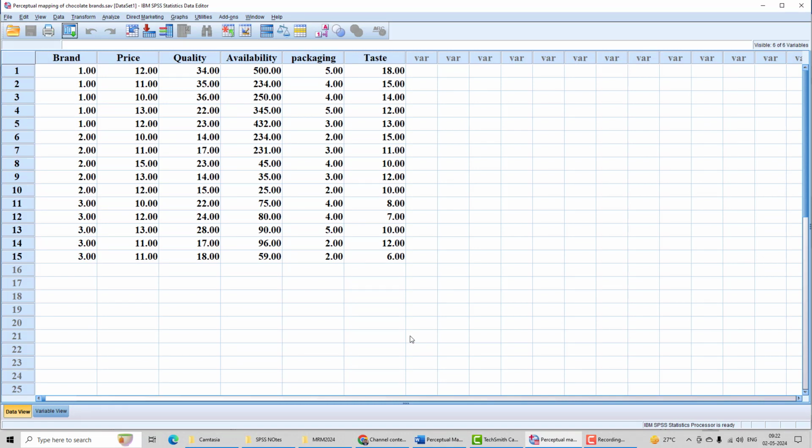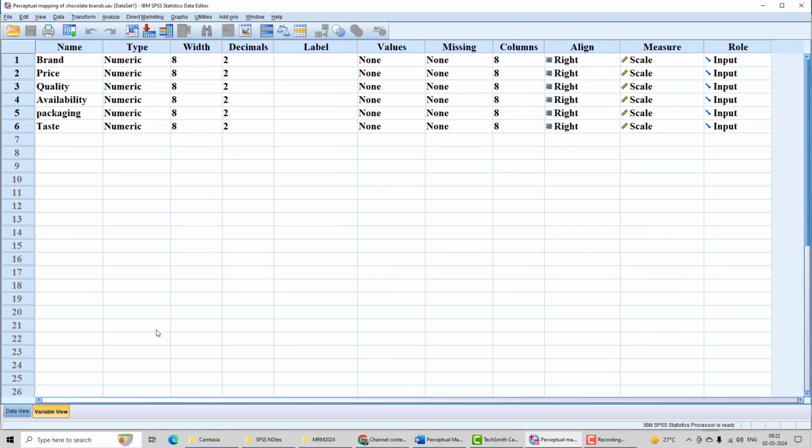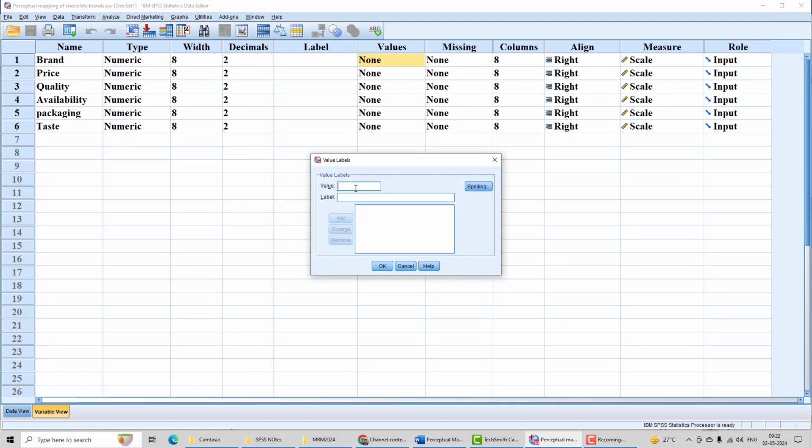So this is the data. Brand 1 is Nestle, brand 2 is Cadbury, brand 3 is Amul. So if you want, you can do that here also, right?